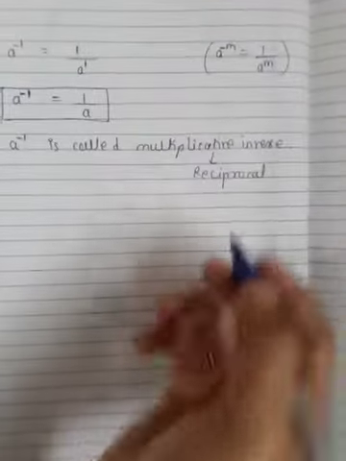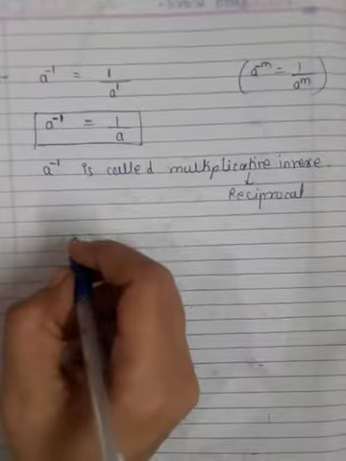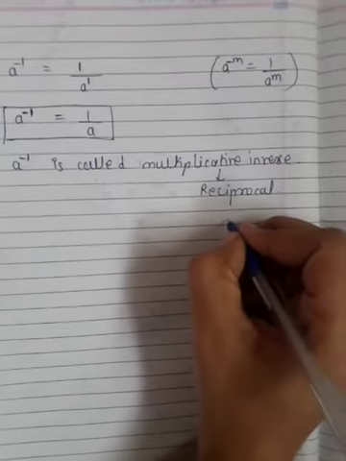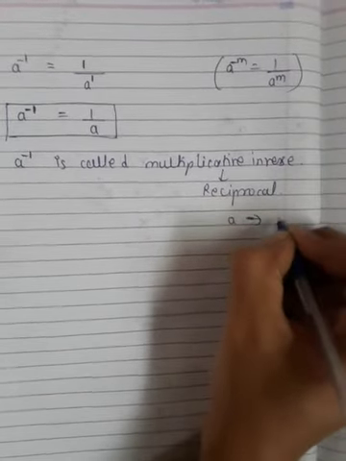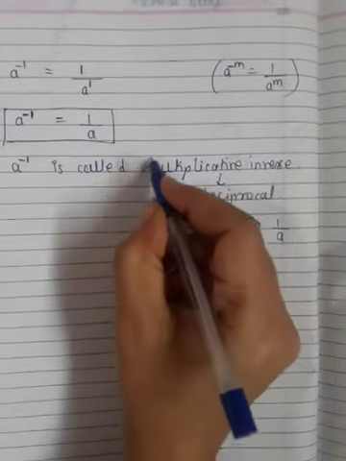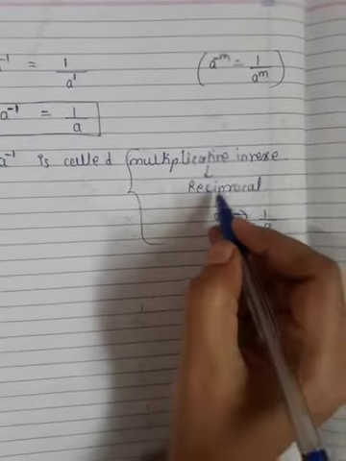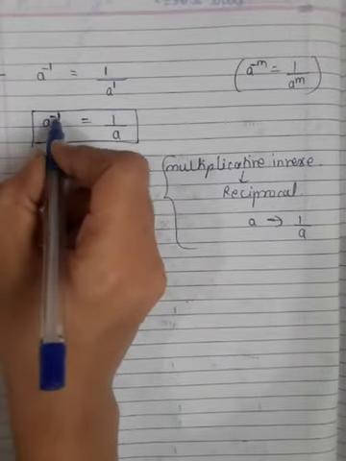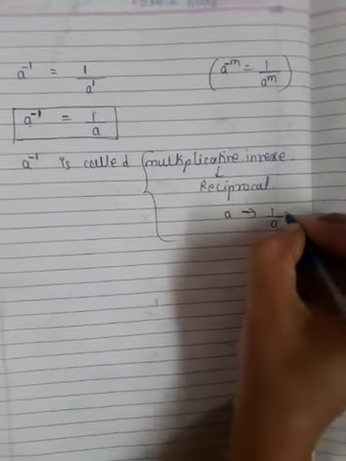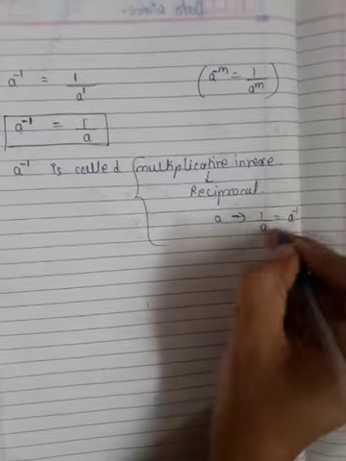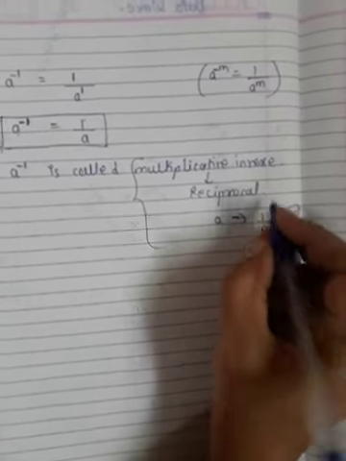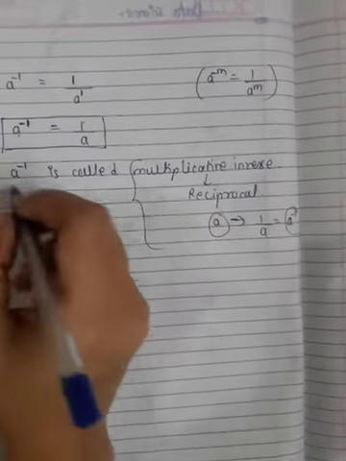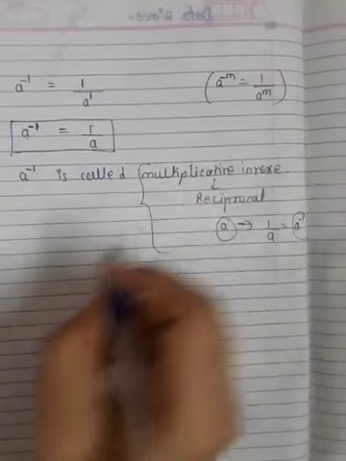We know the multiplicative inverse or reciprocal of a is 1 upon a. And see here, we got a inverse is equal to 1 upon a. So a inverse is the multiplicative inverse of a.